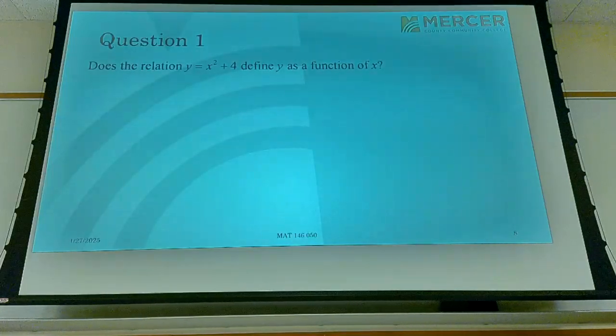X equals y squared plus 5. Well, the easiest way is to solve for y. First thing you do, subtract 5, right? Since we're solving for y, our goal is to isolate y.